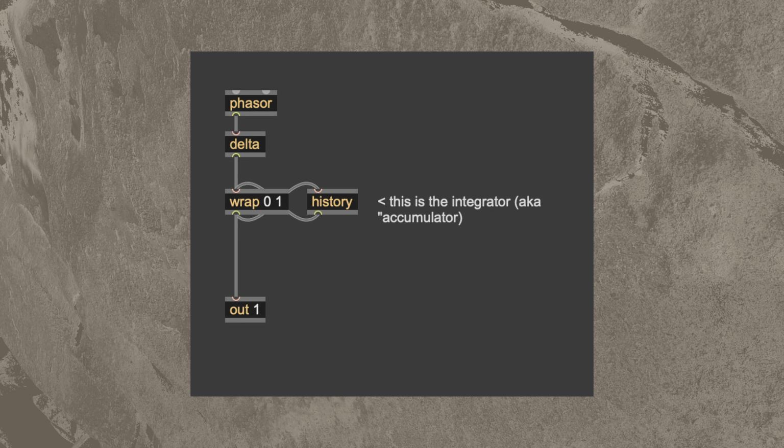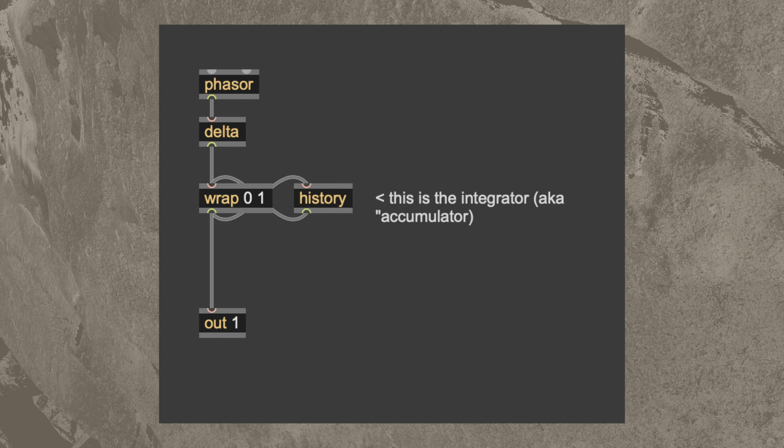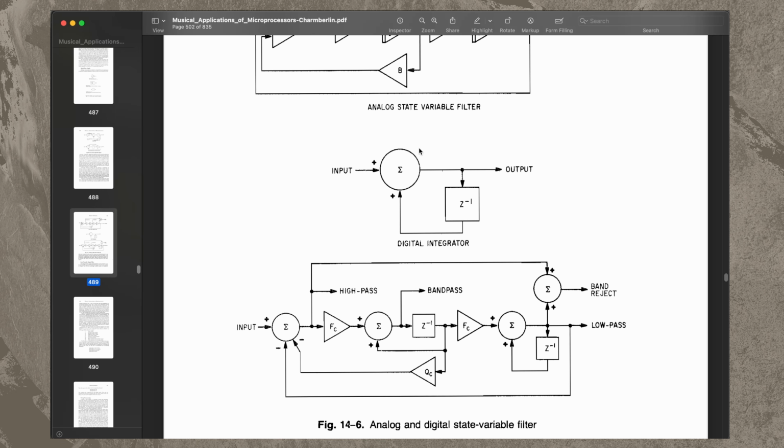So very often, if you saw the video on clock modulation, as an example, I did one recently, where we take a phasor, we use delta to get its slope, we mess around with that delta, and then we add those values back together using a combination of the wrap object and a history object. This is exactly the same concept. We're basically building what is essentially a running total here at this summation junction.